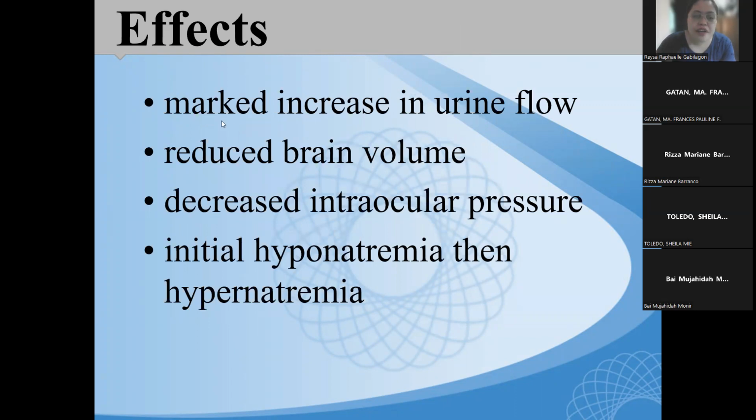Okay, so what are the effects? If we are going to give mannitol to our patient, syempre, there is marked increase in the urine flow. And at the same time, reduced brain volume, especially if there is too much water sa brain natin, mare-reduce talaga ang volume ng brain natin kasi nga there will be osmosis.